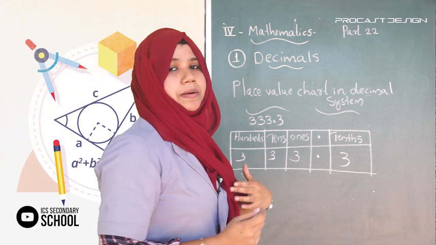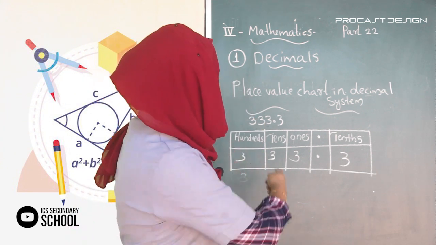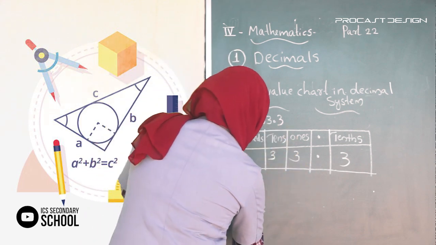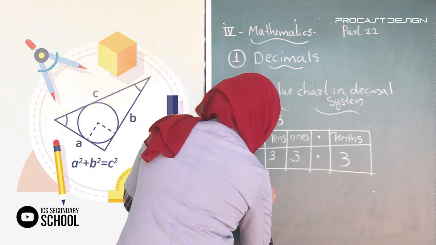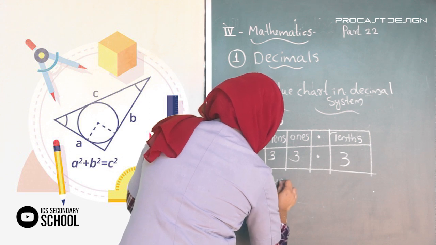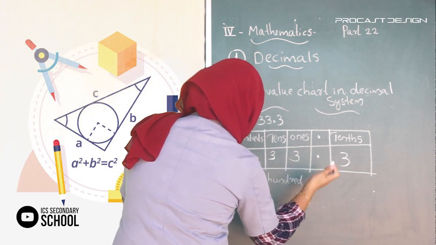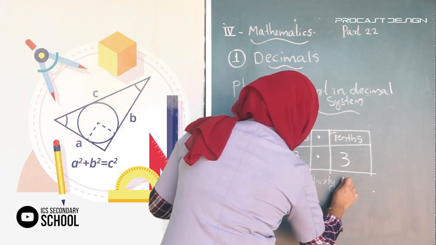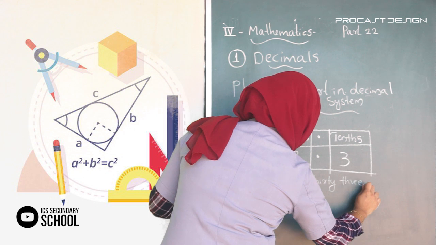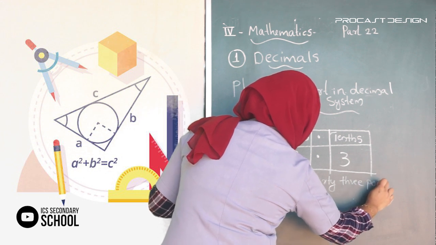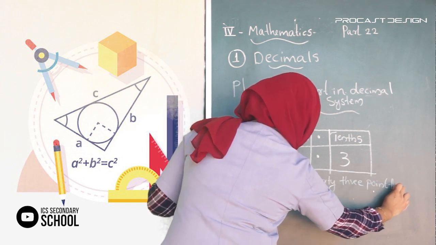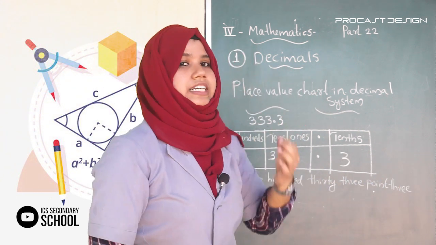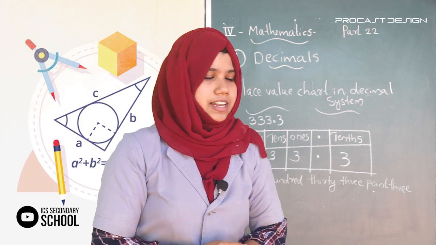Next, the same we can write. How to read this number? 333.3. Is it clear?